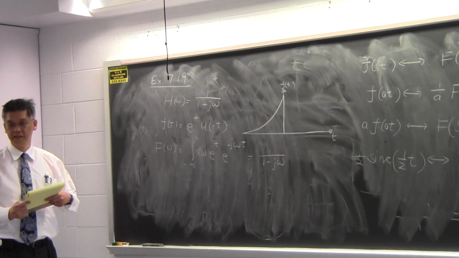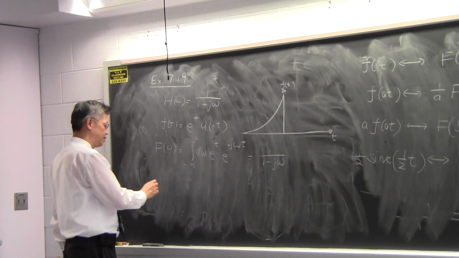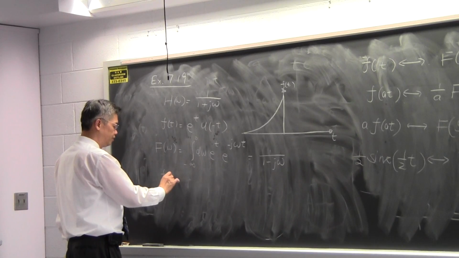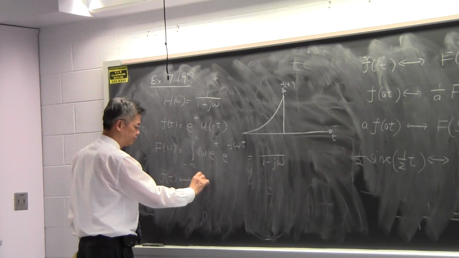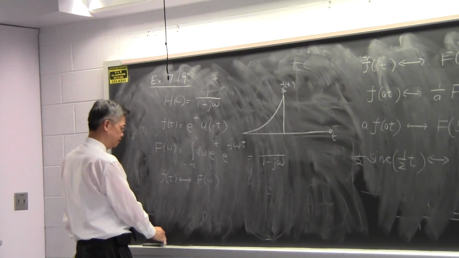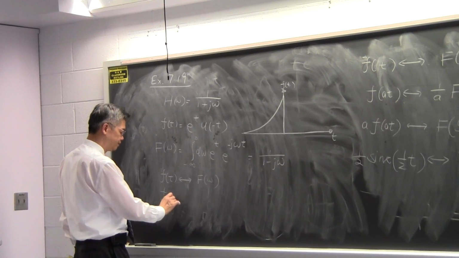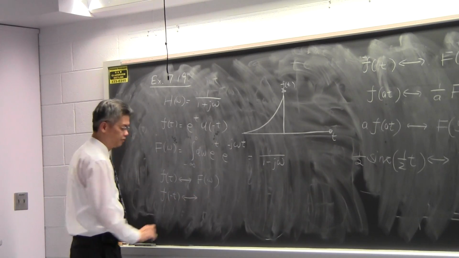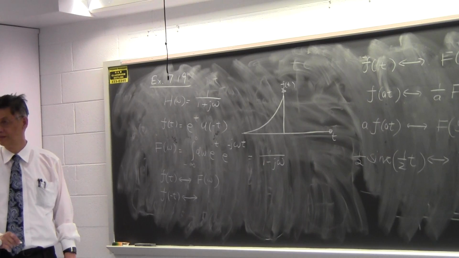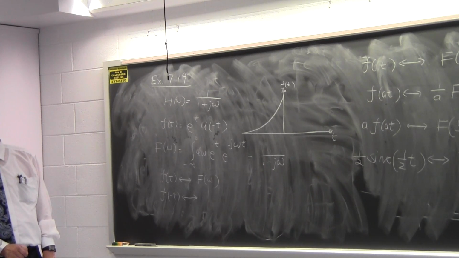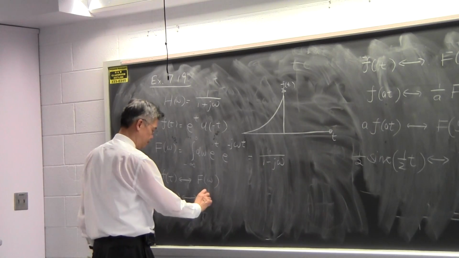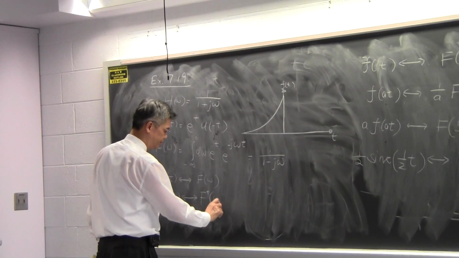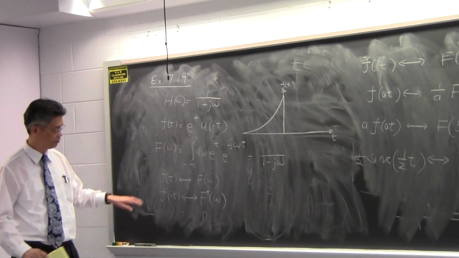You can also use the conjugation property. If you know that f of t Fourier transforms to F of omega, what does f of minus t Fourier transform to? The complex conjugate. This is one of the conjugation properties of the Fourier transform.